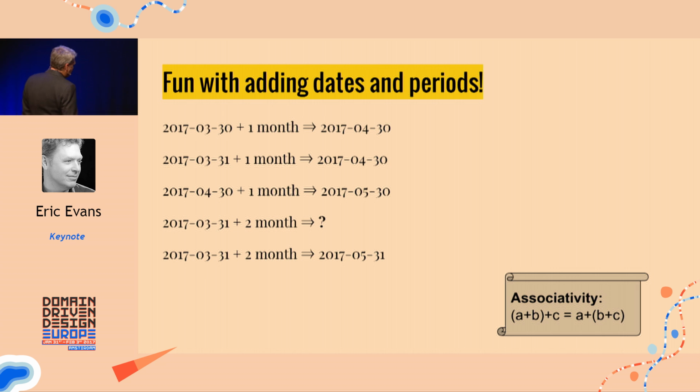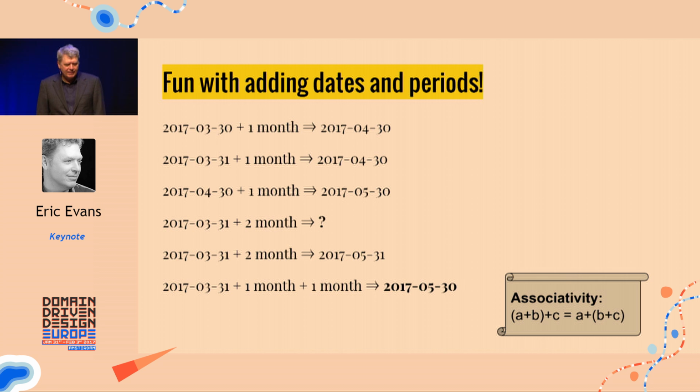So why does this feel so wrong? I think it feels wrong because when we hear the word plus, it brings to mind a lot of things. It's a well-known abstraction and usually involves the concept of associativity. And this is not associative.